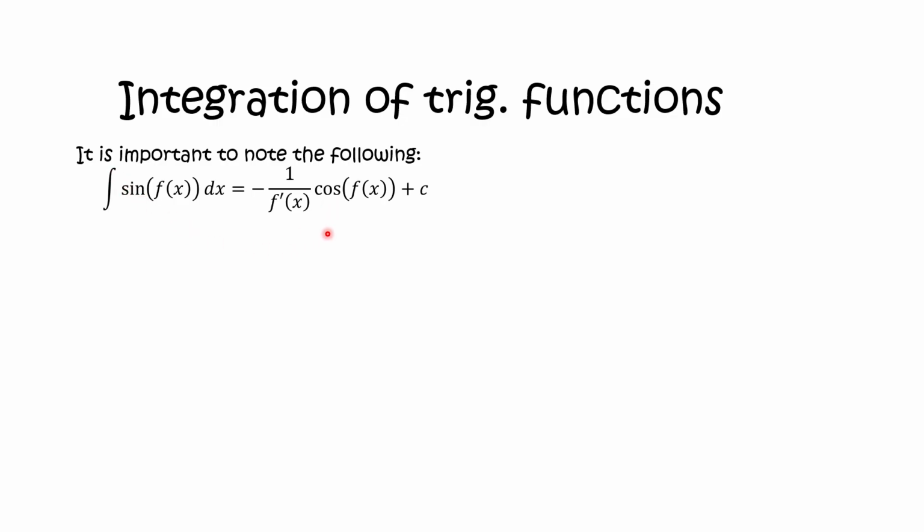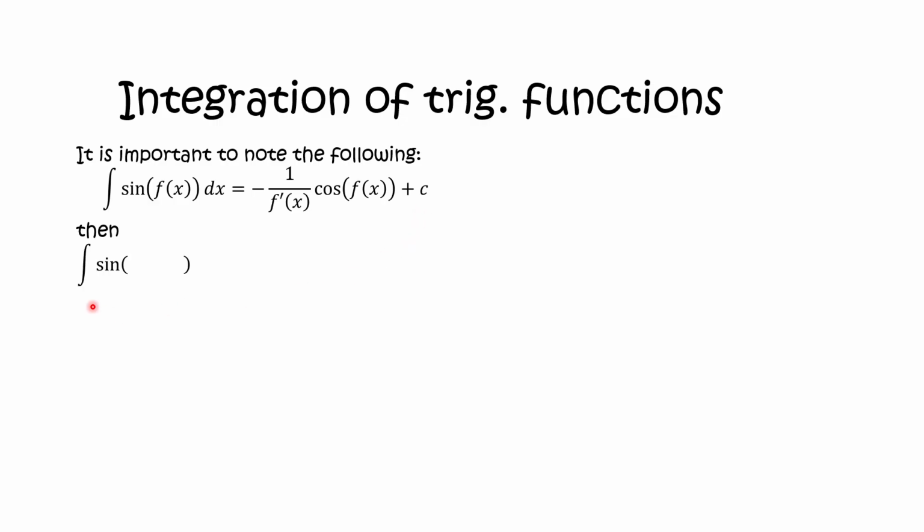That is to say, if we reverse the whole process, integrating sine x would give us a negative cos x. And in this case, if we have an f of x which is not x, we would have f prime of x dividing, times the cosine of f of x, plus the c.